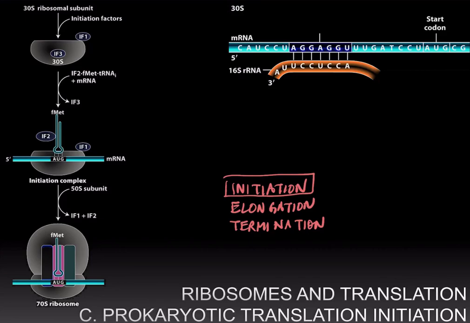Now, the first step in prokaryotic initiation of translation is for the ribosome to actually find a messenger RNA. And this is a job that's performed by the small subunit, which will find and bind the messenger RNA. Now recall that an mRNA will have a 5' end and a 3' end, and not all of the messenger RNA is translated.